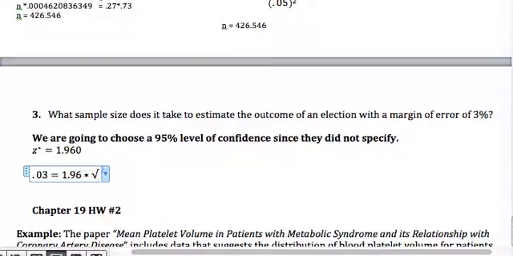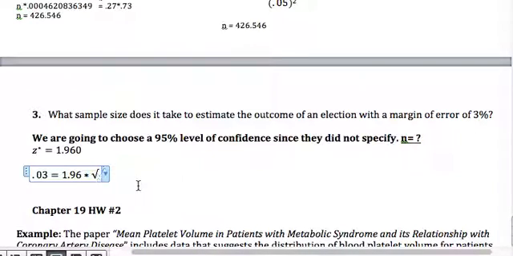And then, what are we going to use for P and Q and N? Well, N we're looking for, right? So maybe I should have said that up here. N equals what, right? Go lowercase. That's what we're searching for.